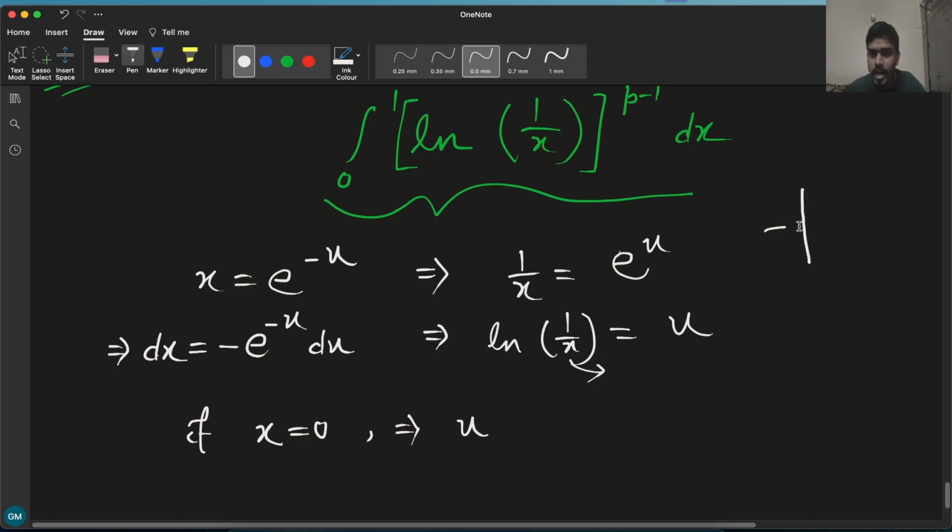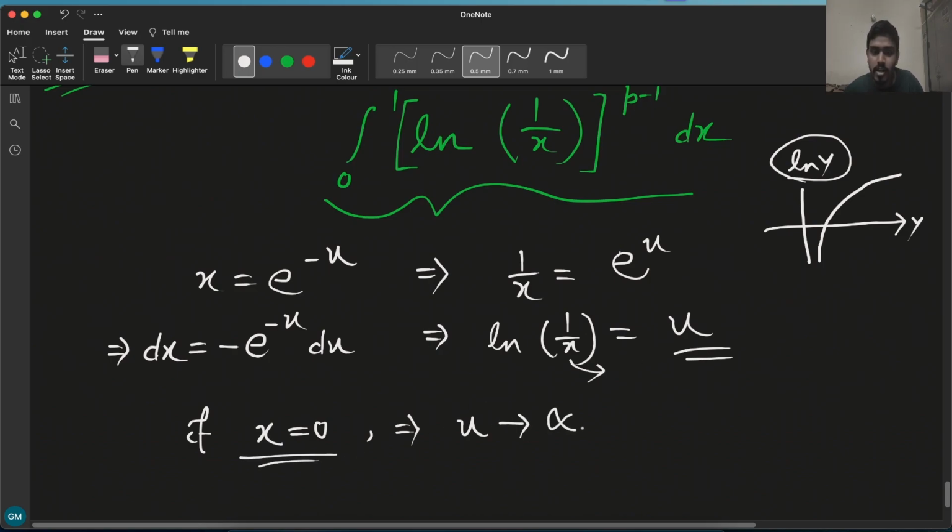And if I write, let's say, this is ln y, this is y, then this ln y function looks like this. So as y goes towards infinity, ln y will also go towards infinity. So when x goes towards 0, 1 by x goes towards infinity, and ln of 1 by x also goes towards infinity. So it means u will tend to infinity as x goes towards 0.